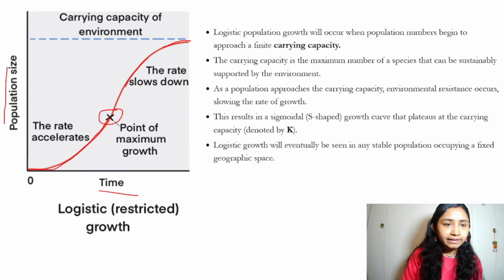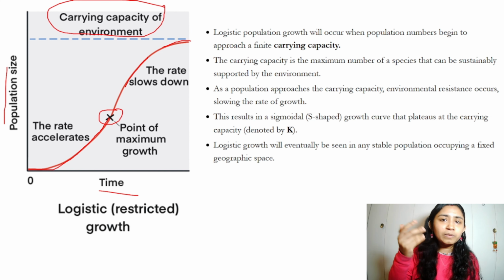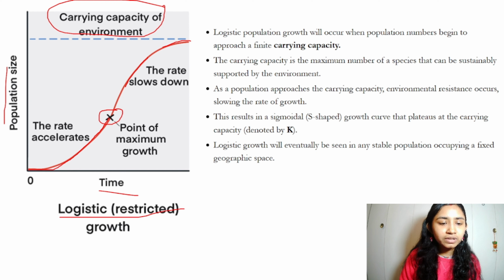This blue dot is the carrying capacity of the environment. The environment can only support food for this many individuals. When the carrying capacity is reached, there will be no food available to support the organisms, so the population growth will slow down. This is the logistic or restricted growth form, and this is the more realistic growth form in the environment.